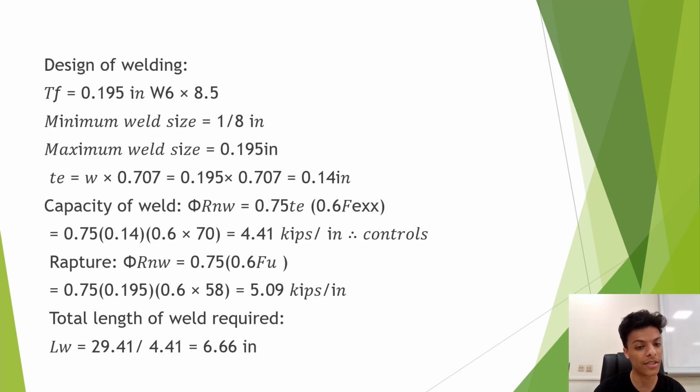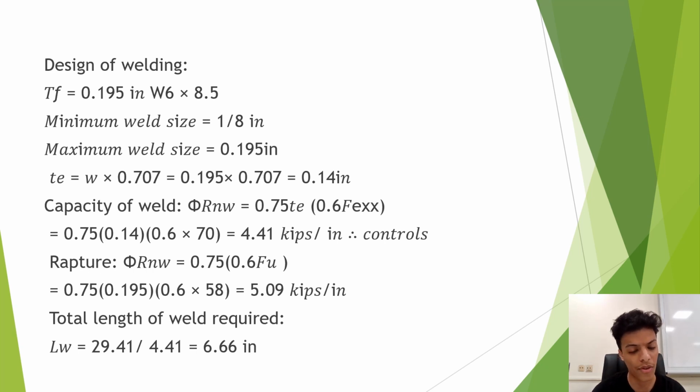Then the capacity of the weld, we found it to be 4.41 kips, and the rupture value is equal to 5.09 kips per inch.